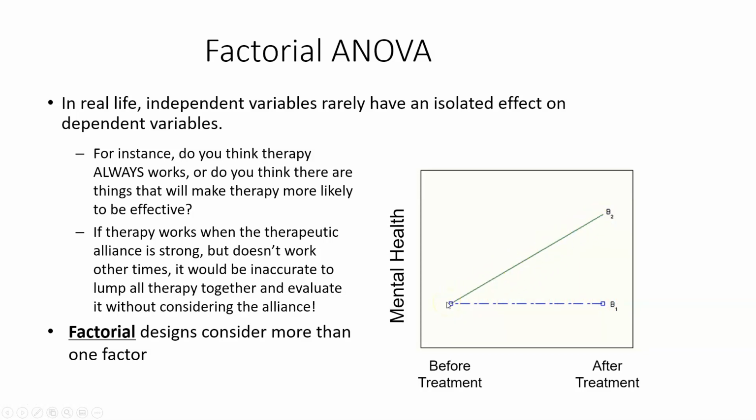And on average, it looks like it works a little bit for everyone. But if you consider the therapeutic alliance in a factorial design, both at the same time, then you realize that it's not working a little bit for everyone. It's working a lot for some people, and not at all for other people.